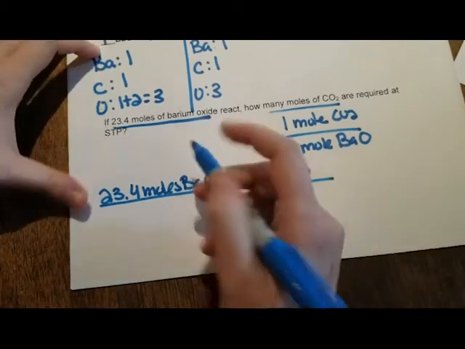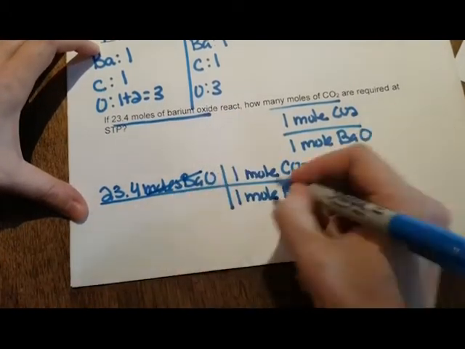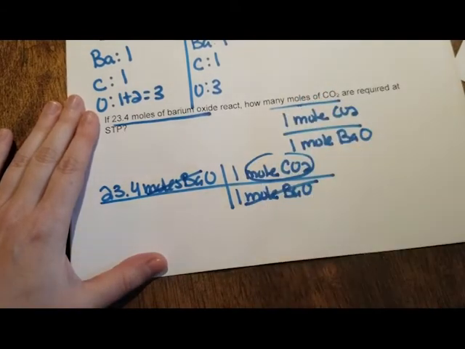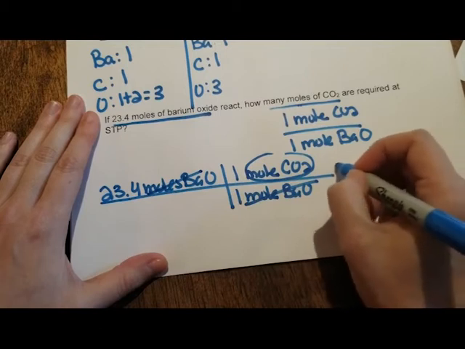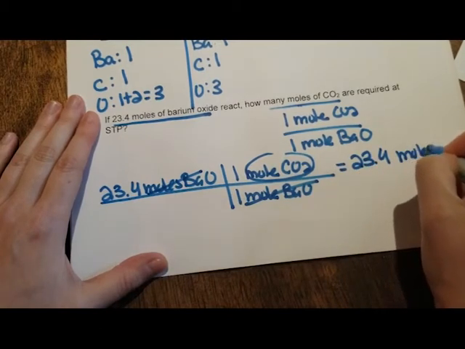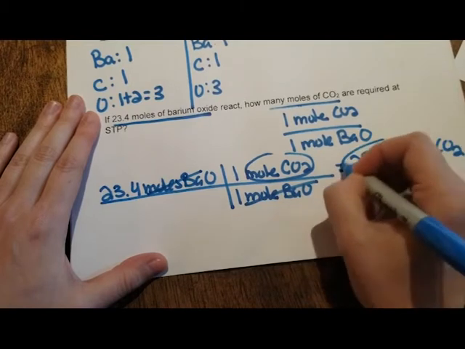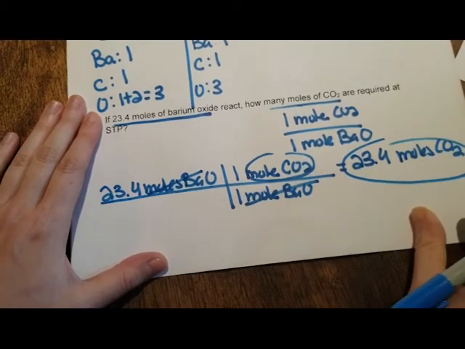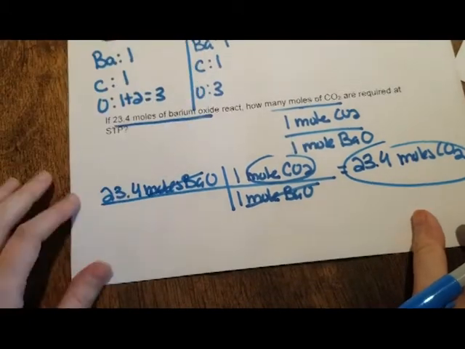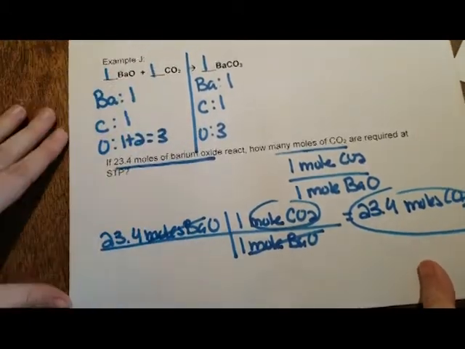You would just always make sure whatever is on top right here gets canceled out on the bottom, and you're left with the units that you want to end with. So 23.4 times 1 divided by 1 gives me 23.4, and I'm left with moles of CO2. So our mole-to-mole ratio is enabling us to compare two different substances in the same balanced equation.